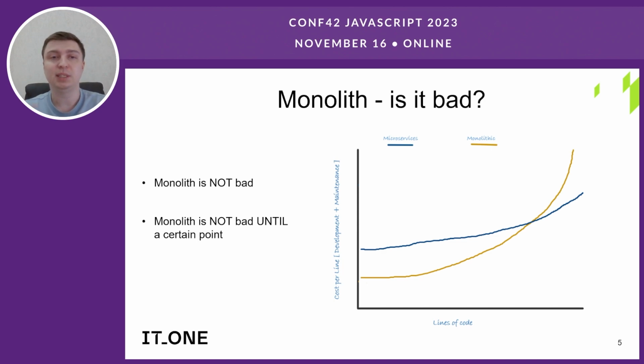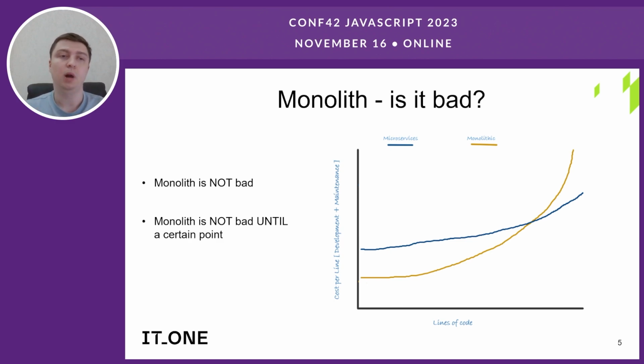In summary, while monolithic architecture might seem cost effective for small and medium projects, as the application grows, the benefits of microservices architecture become apparent in terms of both development and maintenance cost. So, what we can see from this chart in summary.